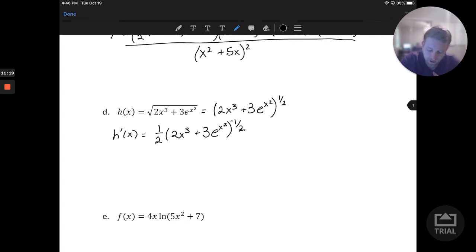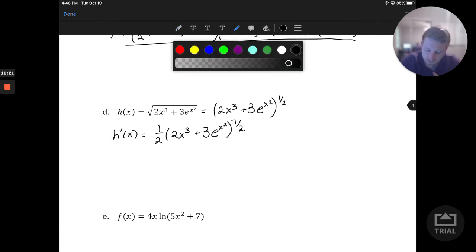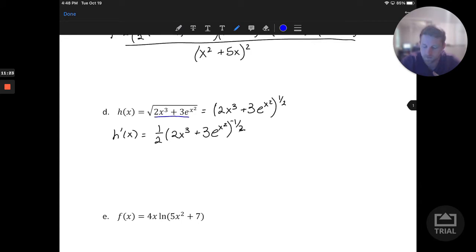So if I consider that inner function, I want to take the derivative of 2x cubed plus 3x raised to the x squared. So this inner derivative function, we would start with first 6x squared. That's the first term. And then times, we'll have 3 as a constant multiplier.